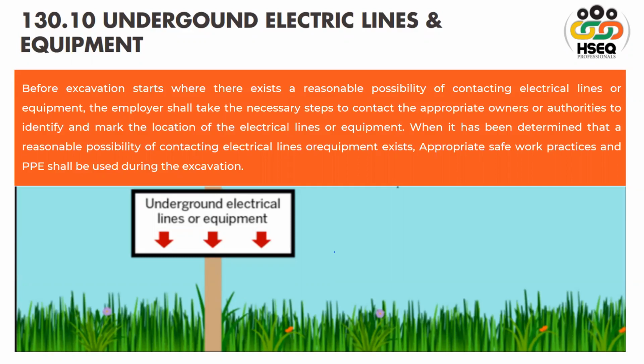So if we are doing some underground excavation, we should mark the existing cable route. If you are not sure, we can take the help of the utilities, which are basically the network owners or the operator of that particular area, and they will guide us on the route on which the cables are there.